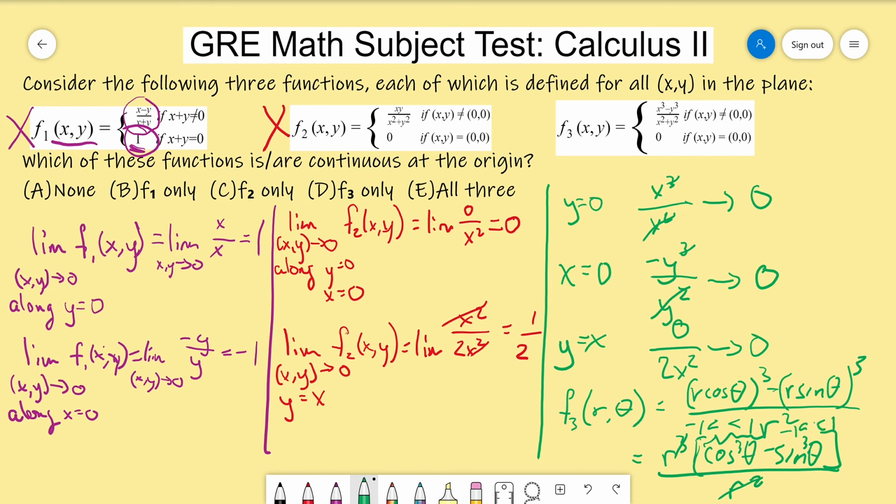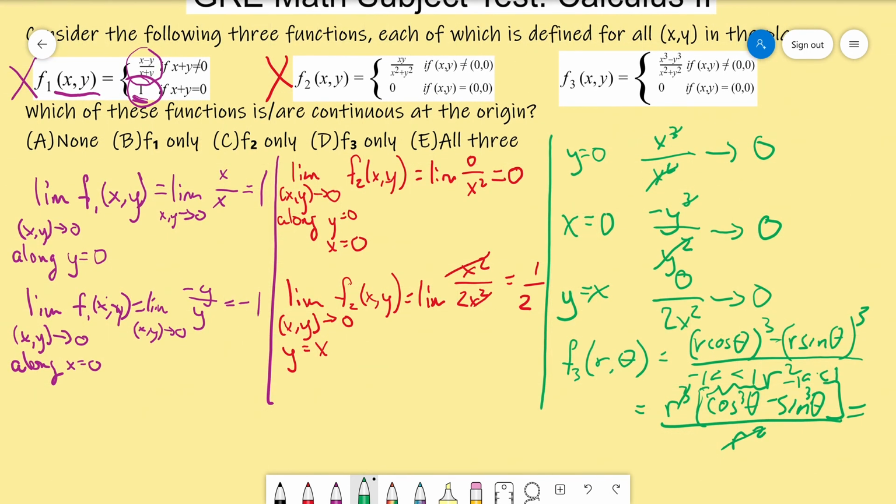So the whole thing inside the brackets is always going to be between -2 and 2. And so we can say that f3 of (r, theta) is always going to be between -2r and 2r.